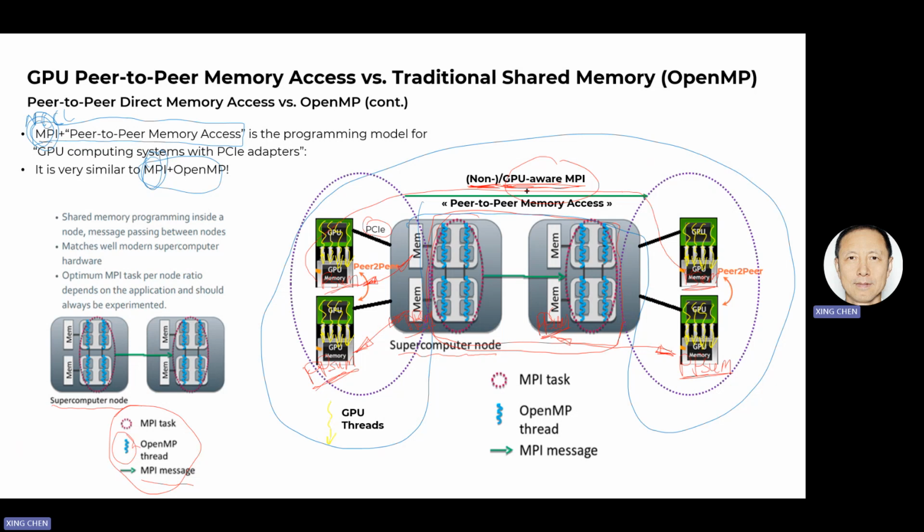In the next section, we are going to have a look at these GPU computing systems with the Nvidia SXM module, or the GPU computing system with the AMD OAM module. That's for the next section, but this is for this section 3.